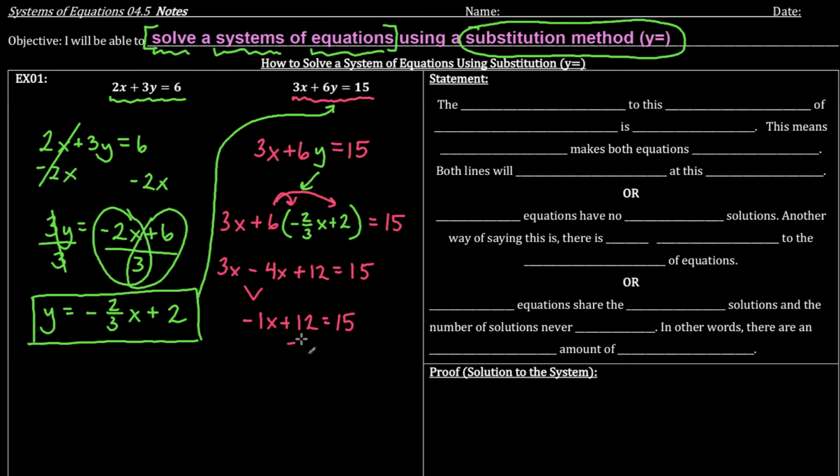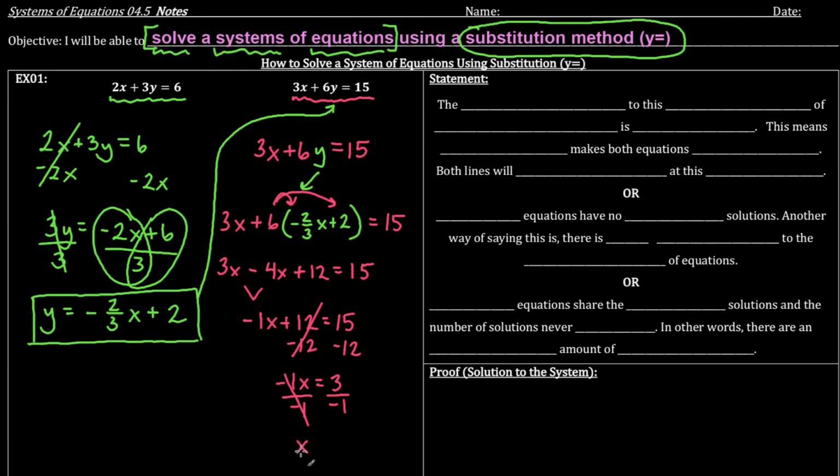And then I'm going to subtract 12 from both sides. I get negative 1x equals 15 minus 12, which is 3. Then divide by negative 1.